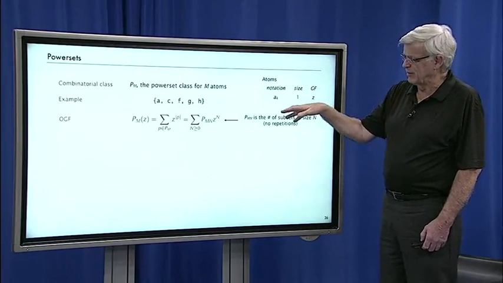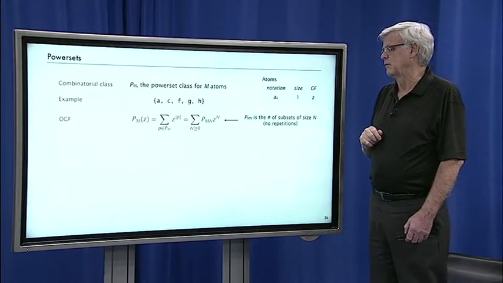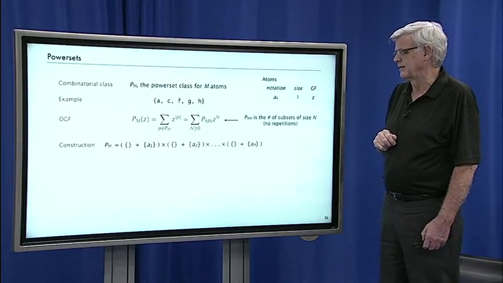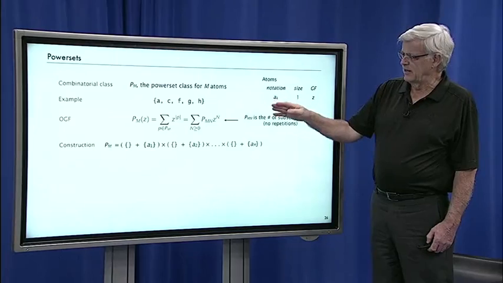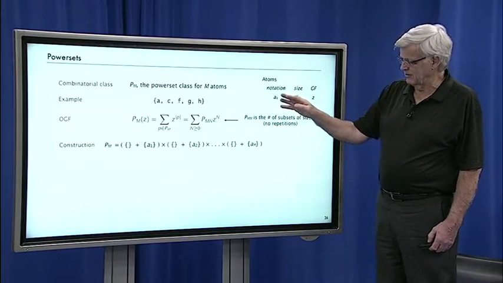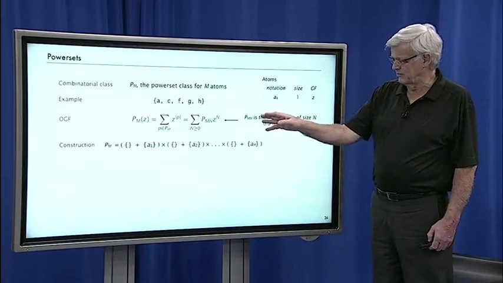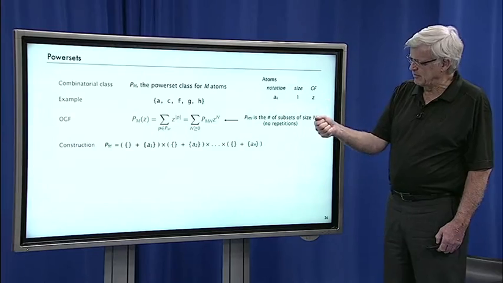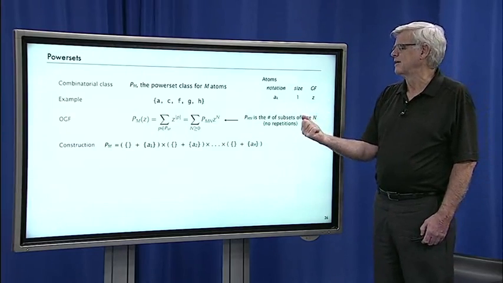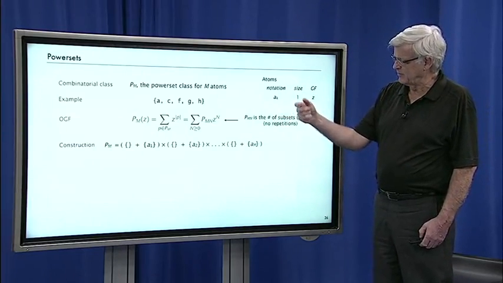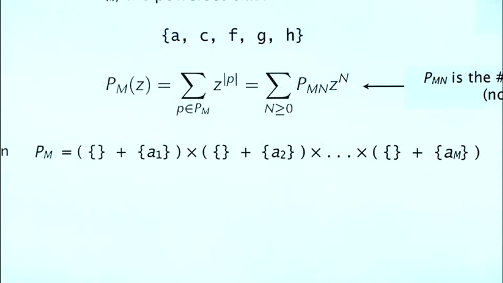And again, this is very familiar, but let's look at how it works formally with the symbolic method. The lemma that I just showed is the construction. It's simply the empty set plus A1 times the empty set plus A2 and so forth times the empty set plus Am. And so that immediately translates to the generating function equation.